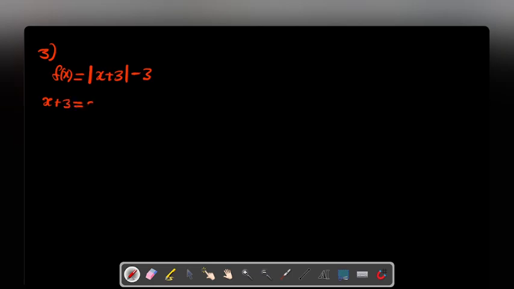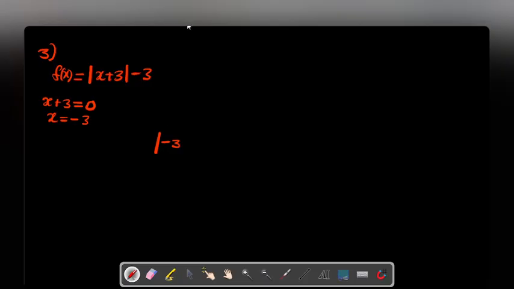So we set it to 0 so that we know our vertex. So here we are getting x equal to -3. So we have our vertex at x equal to negative 3. So now we need to make our table of values. So remember, our vertex is -3. So we do the same procedure.